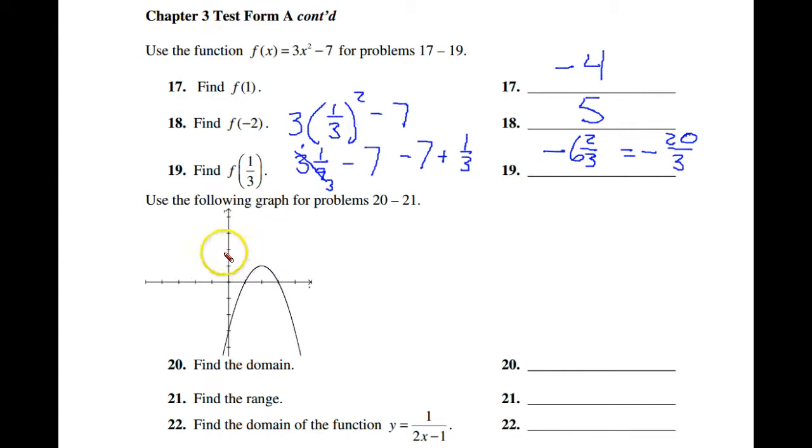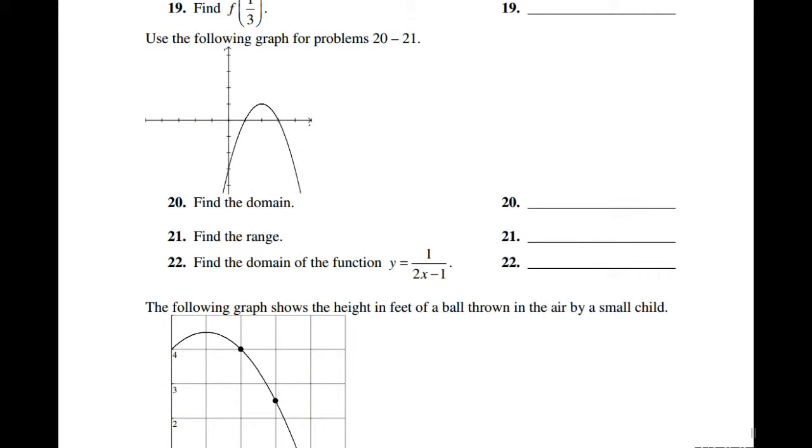Okay, now for this one, they're asking us to find the domain. Well, remember, there are arrows, and domain are x values. So using interval notation, it would go from negative infinity to positive infinity.